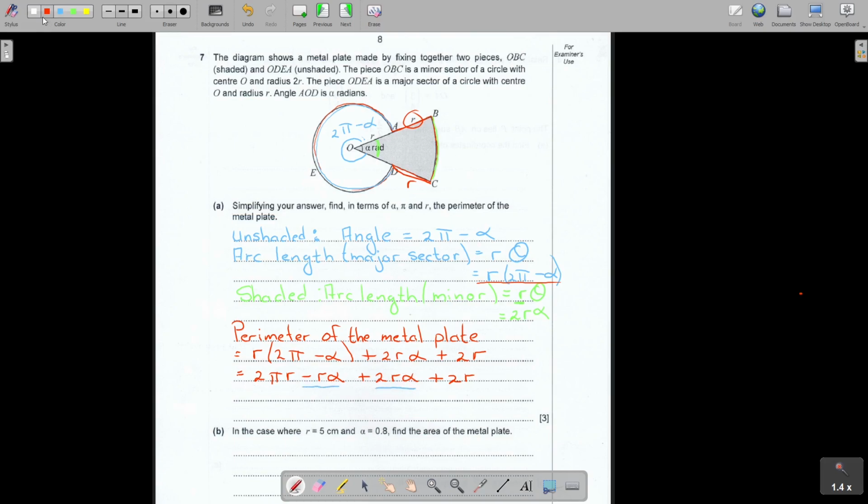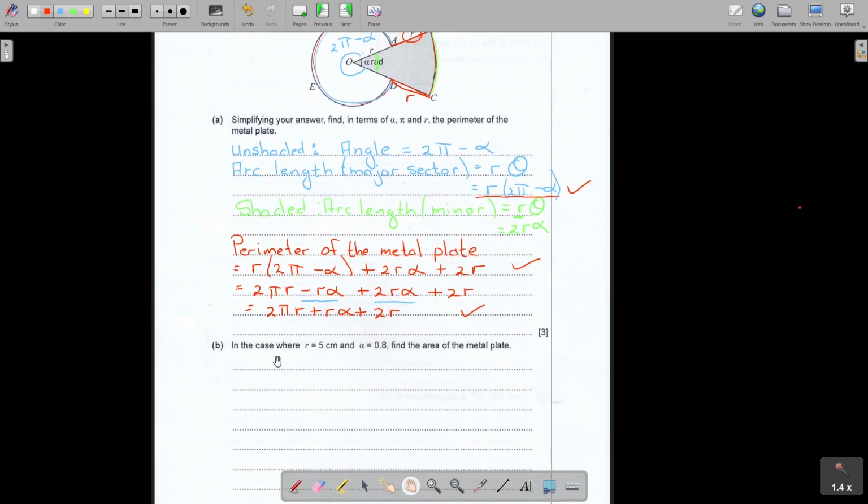So if I simplify this, I will say 2 pi r plus r alpha plus 2r. And that's your final answer. And if they give marks, they will give marks if you come to that. And I think they will give marks if you find at the end this 2 there, and if you simplify and you got the final. Okay, let's go to the next one.